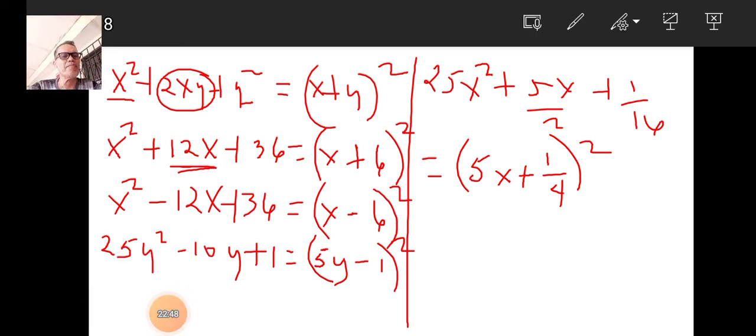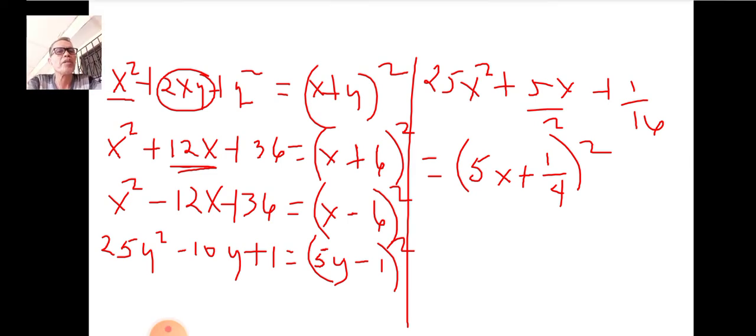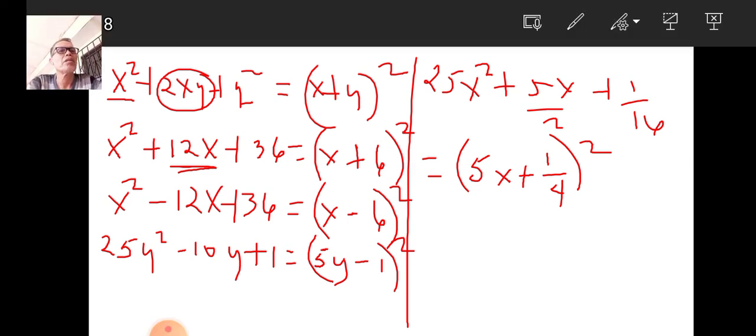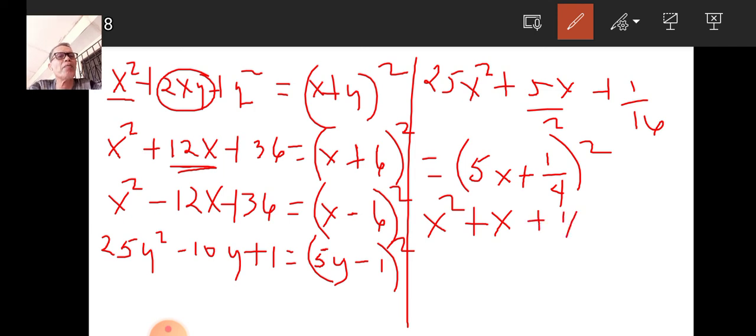Next, for example, if we have x squared plus x plus 1/4. Get the square root of x squared, you will have x. All the terms in the given product are positive, so all the terms of the factors must also be positive.